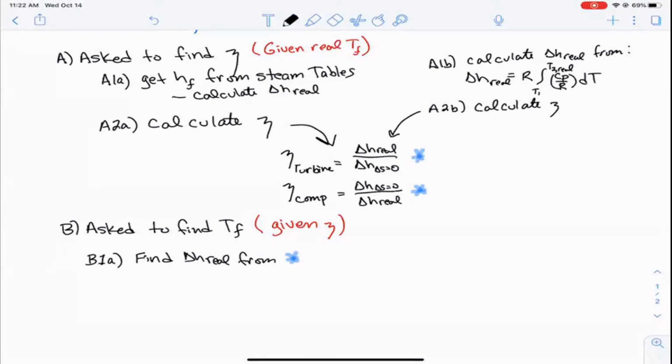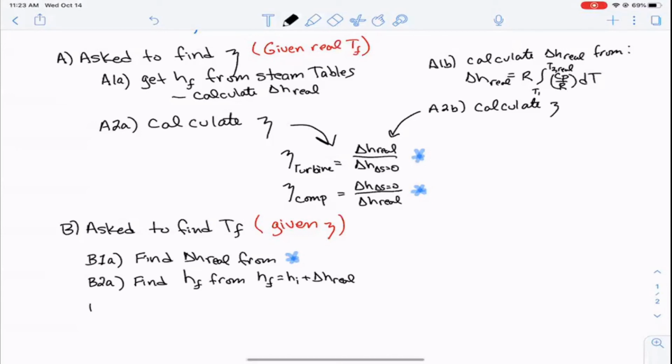Now, if you're using the steam tables, this gives us an interesting challenge, because now we're actually going to use that to find the final enthalpy. The final enthalpy is just the initial enthalpy plus delta H real.